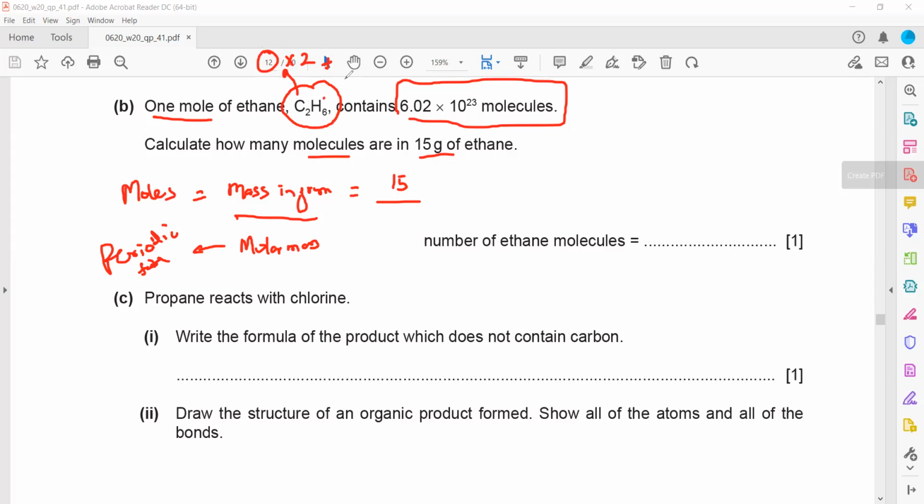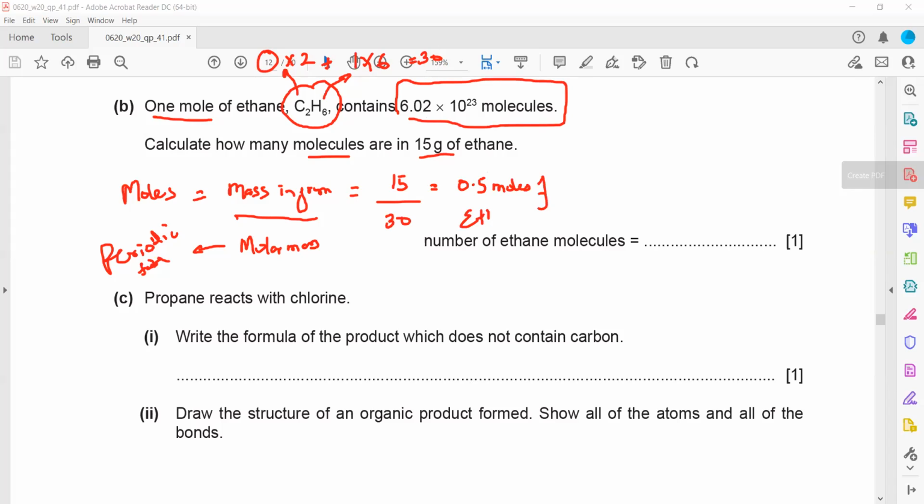Plus the mass of hydrogen is 1, and there are 6 hydrogen atoms, so 24 plus 6. The molar mass is equal to 30. So 15 divided by 30. We'll get 0.5 moles of ethane.